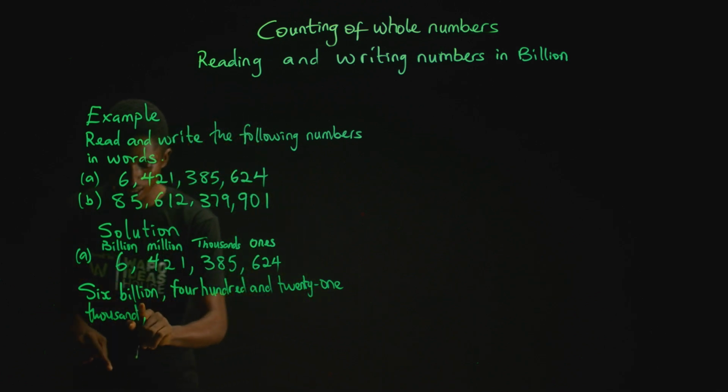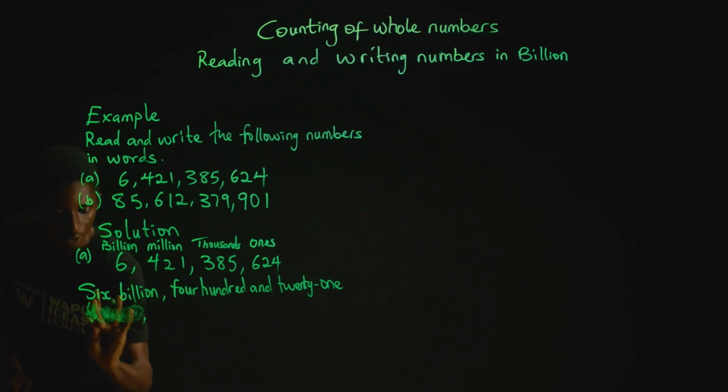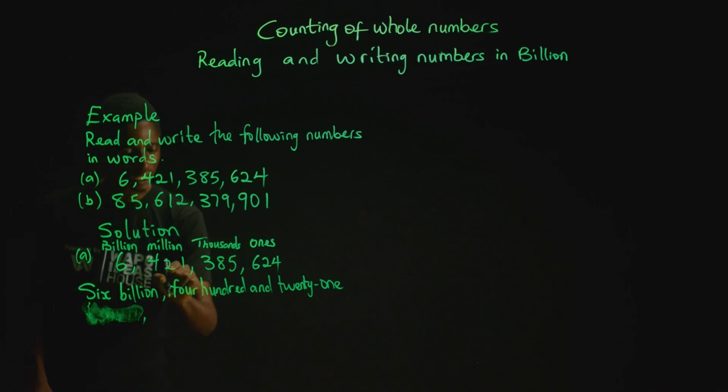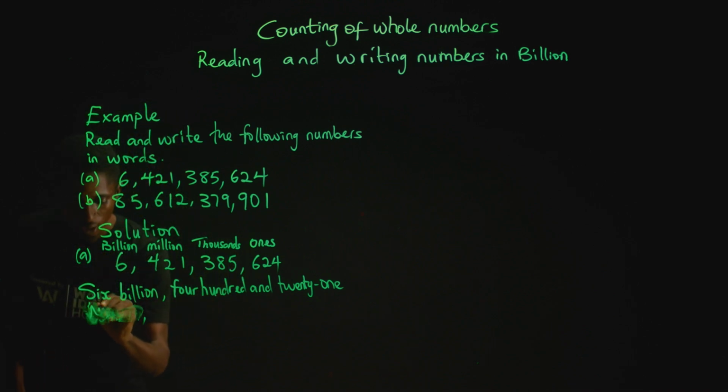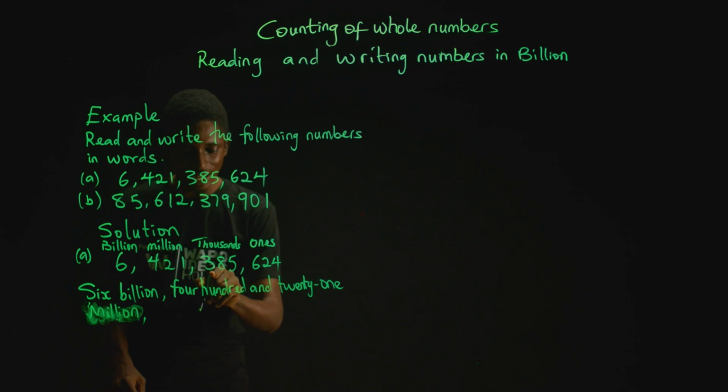The category is what? Not thousands, but let's quickly wipe that off. What we have there is what? 421 million. Good.